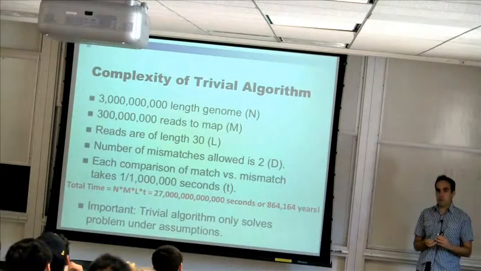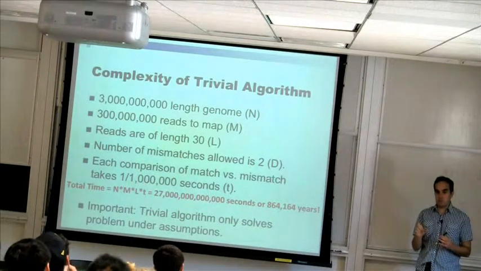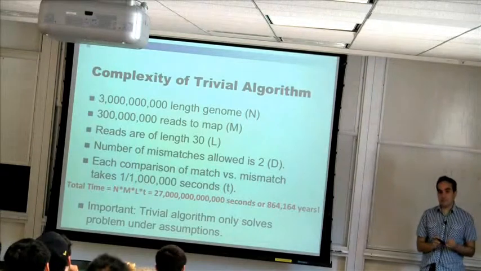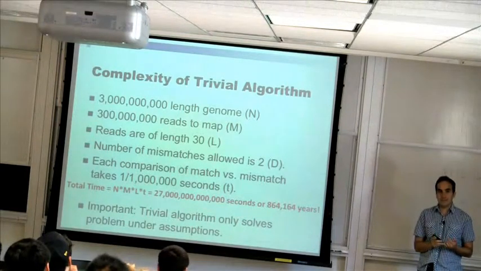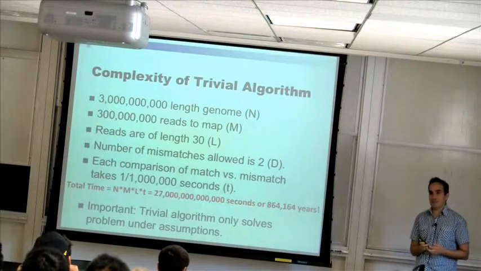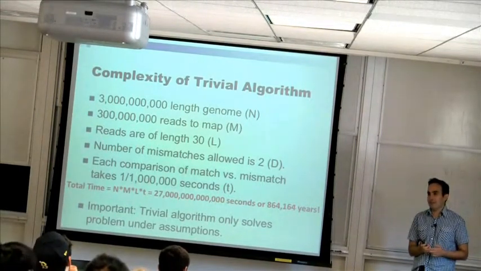That's 30 choose 2 times 4 to the 2, so it's 16 times 30 choose 2. It's going to take you a long time. Yeah, you get rid of the 3 billion part, but it still takes you a long time. For every read, yeah.